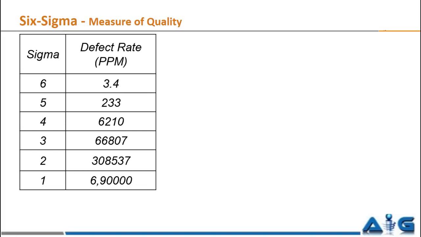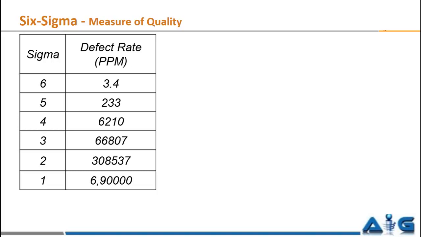Six Sigma as a measure of quality is a mathematical value representing the number of defects per million opportunities. So when a business process is working at 1 sigma, it is creating 6,90,000 defects per 10 lakh opportunities.